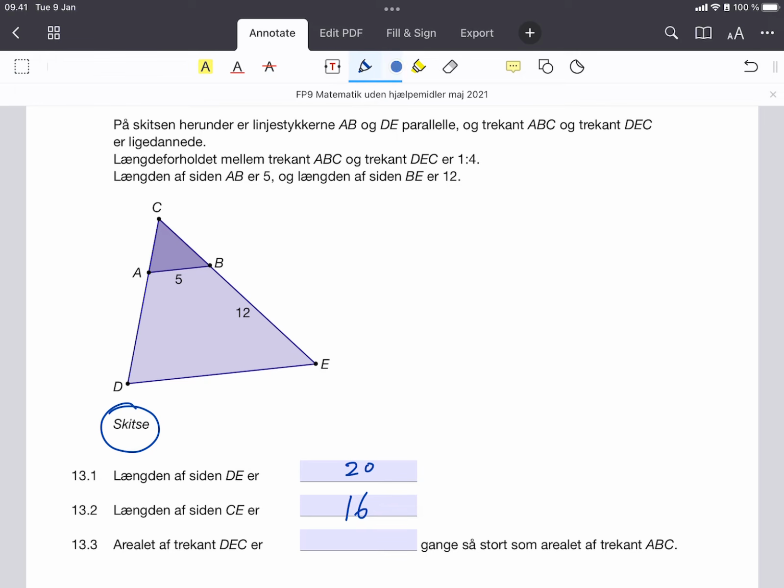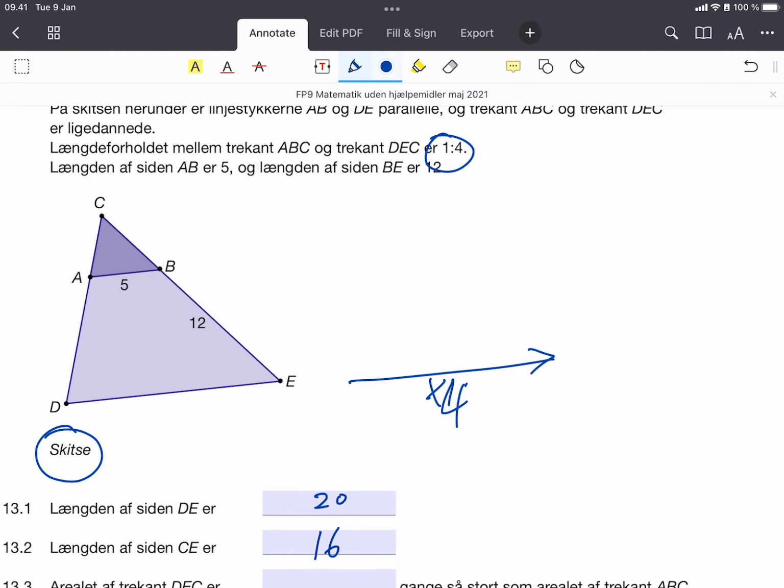Now, classic mistake would be to think that it's 4 times as big because the lengths are in the ratio 1 to 4. But area consists of 2 dimensions, so it's 4 times as big lengthwise, but it's also 4 times as big.